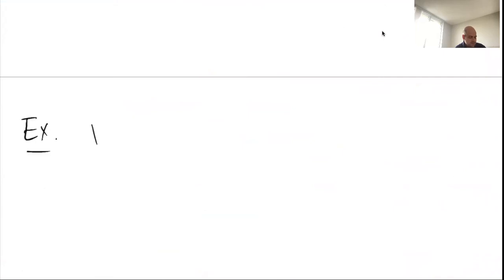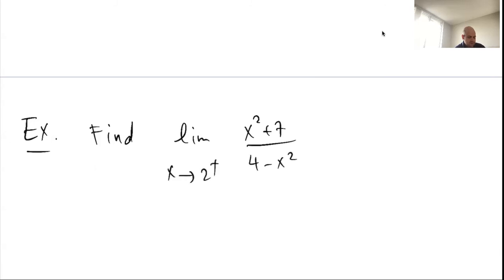Now another example, find the limit of x squared plus 7 divided by 4 minus x squared, x approaches 2 from the right. If I replace x with 2, what do I get? I'll get 4 plus 7 divided by 4 minus 4 plus, basically, right?